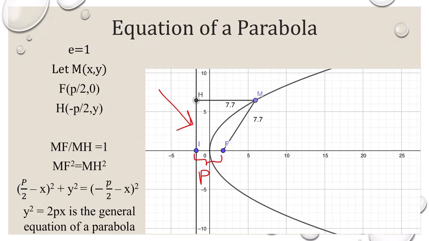That's why the coordinates of F are P over 2, 0.